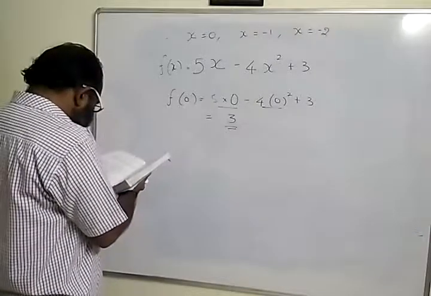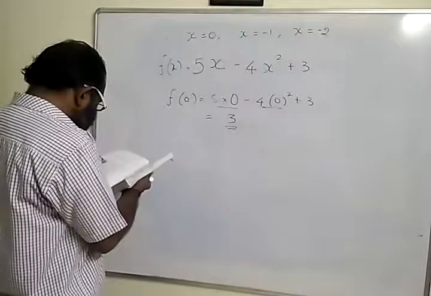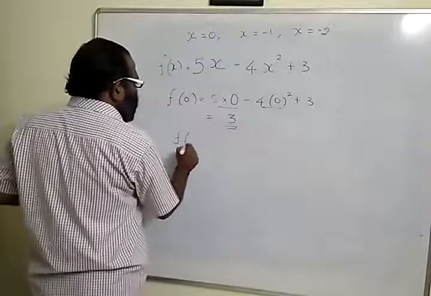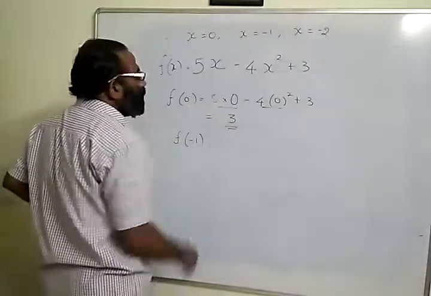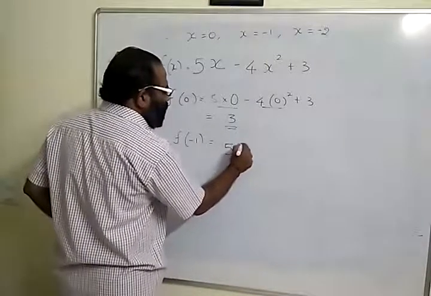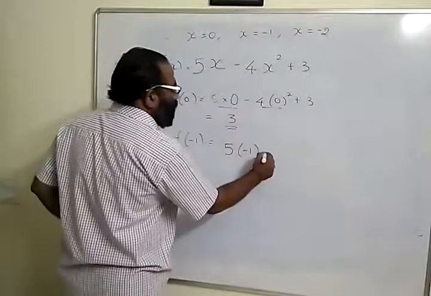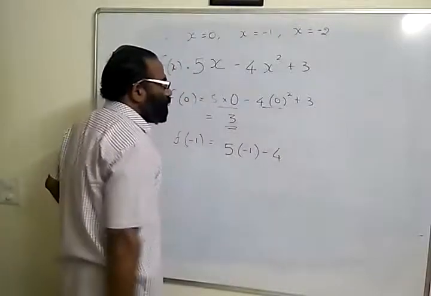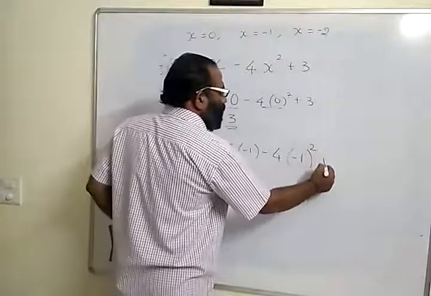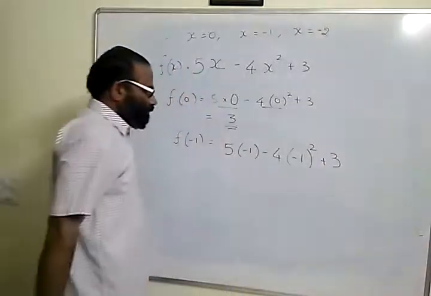Now the next one is f of minus 1, because x is equal to minus 1. So I would say 5 into minus 1 minus 4 into minus 1 the whole squared plus 3.